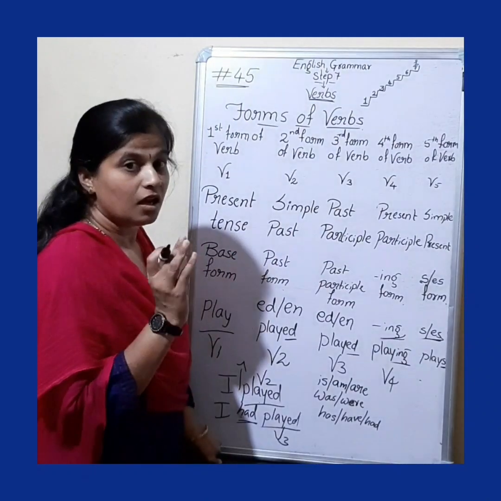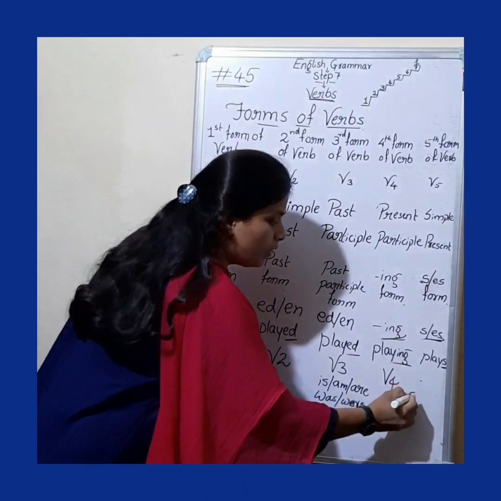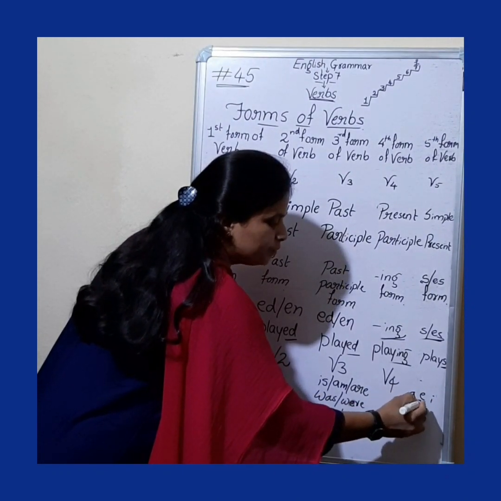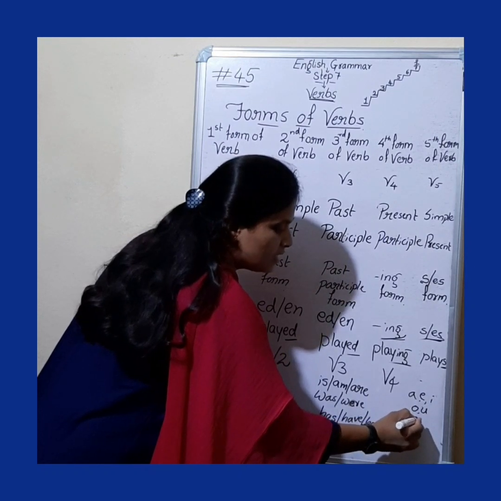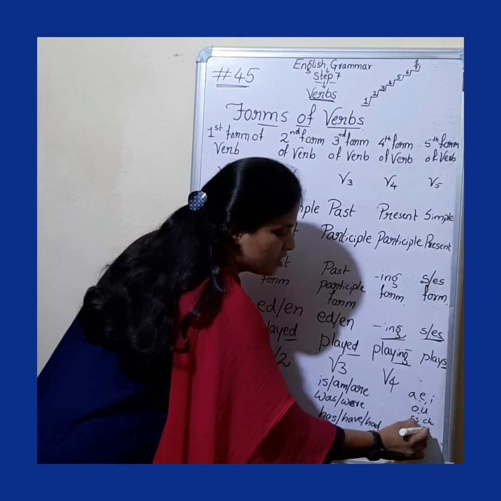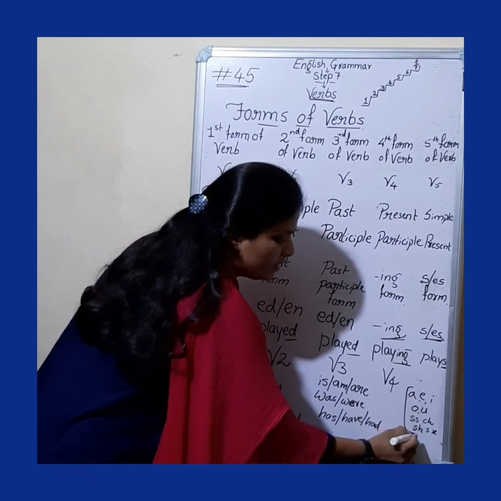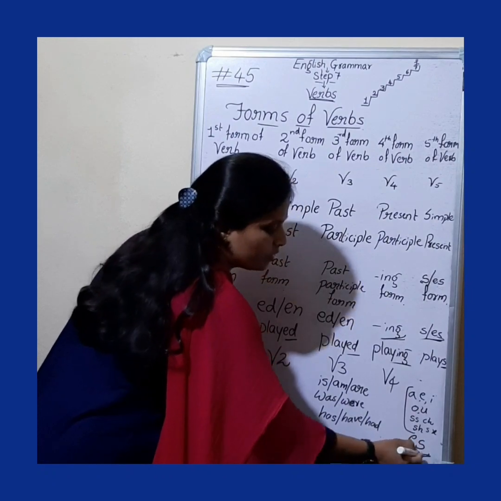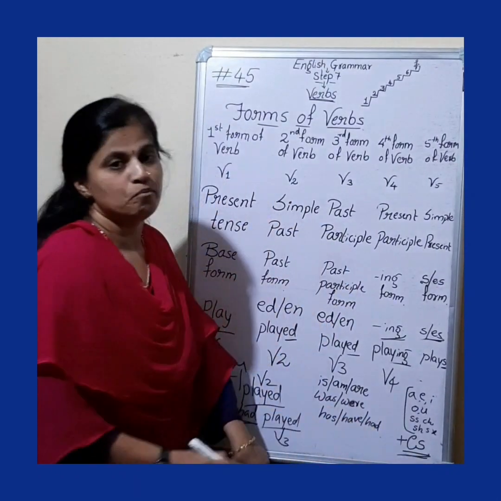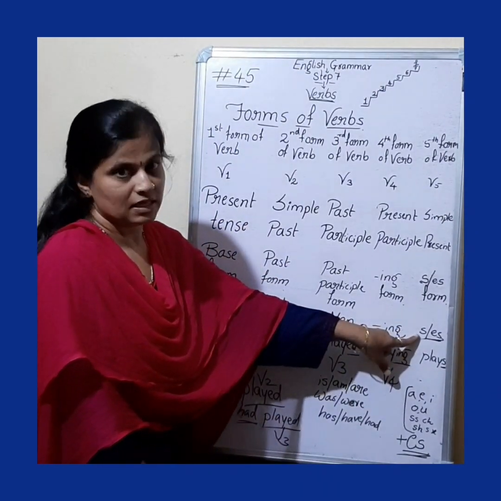So in case the verb ends with a, e, i, o, u, s, c, h, s, h, s or x, compulsory we have to add es to it. Okay, what is to be added? Es is to be added to the base verb. Otherwise, rest all you have to just use s only.